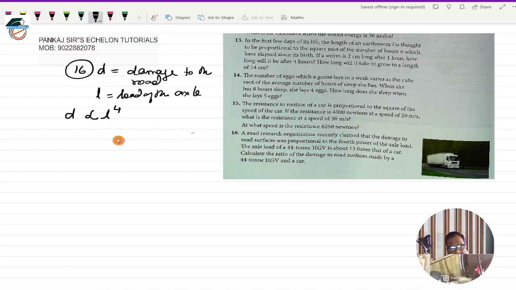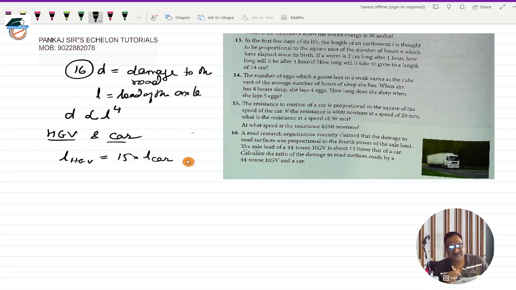Now he is talking about two types of vehicle. One is something called an HGV and one is a car. Okay, these are the two vehicles. Now what he is saying is the damage caused by the HGV is 15 times that of a car. The axle load of the HGV, a heavy vehicle, you can write here L, axle load of a HGV is equal to 15 times the load of a car.